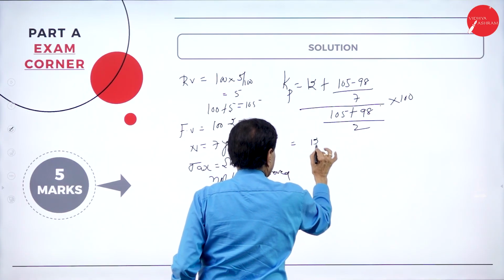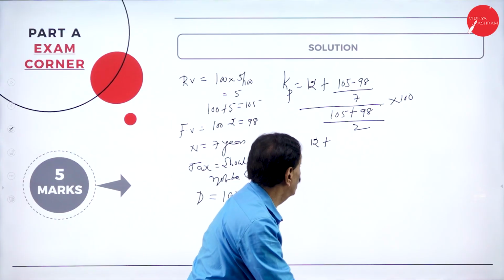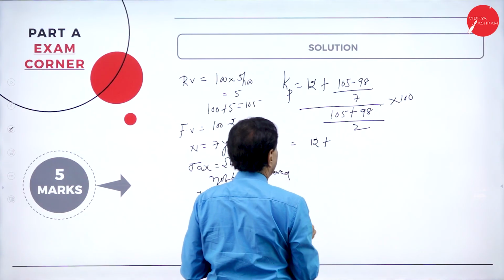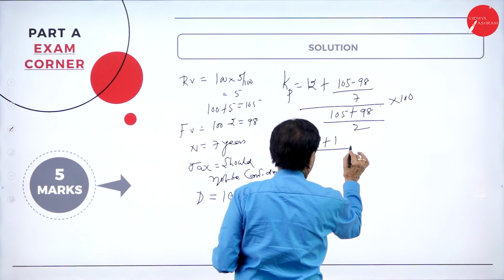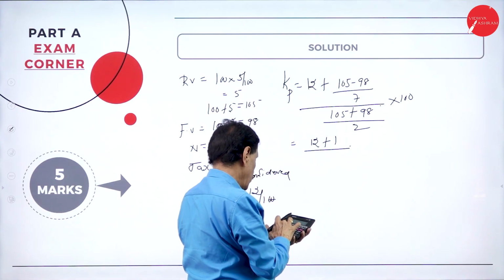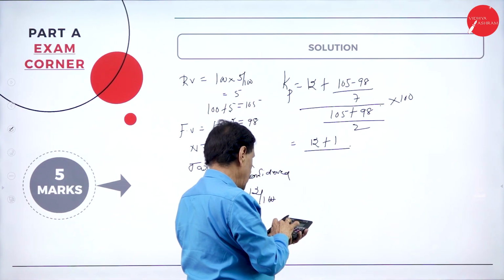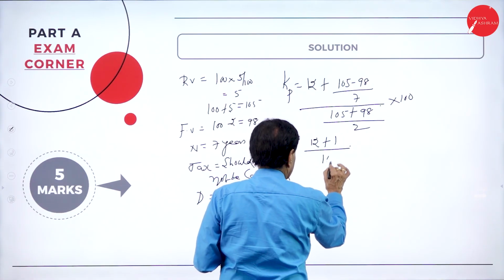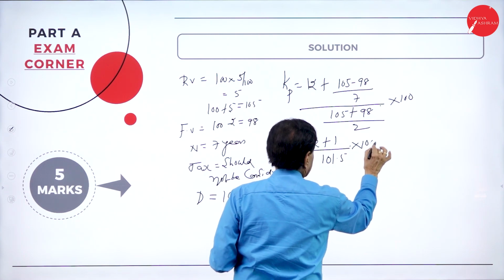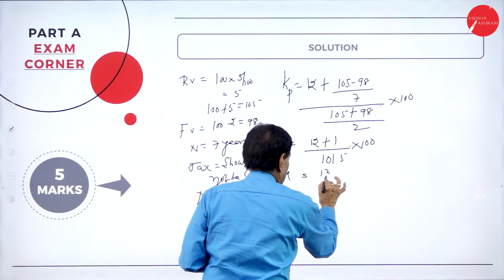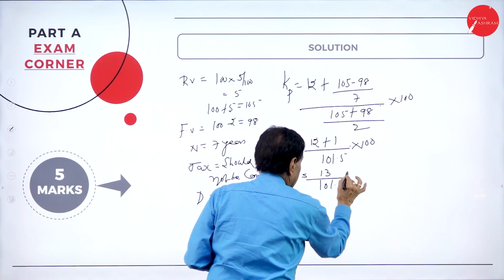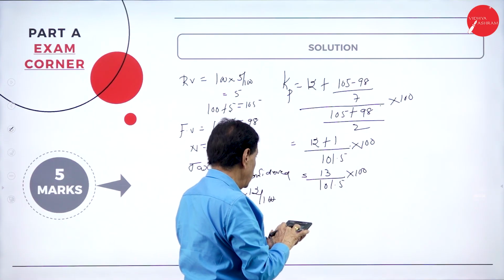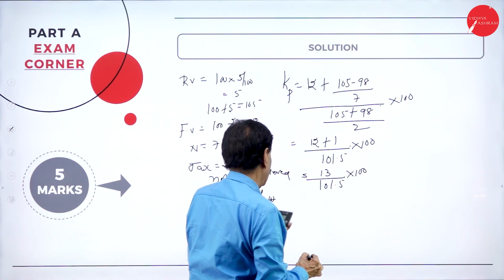This is 12 plus (105 minus 98) divided by 7, which is equal to 1, divided by (105 plus 98) divided by 2, 101.5, into 100. 13 divided by 101.5 into 100 is 12.801.